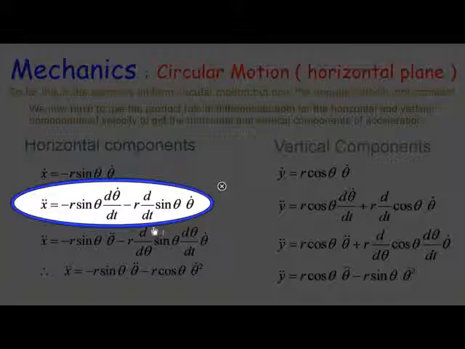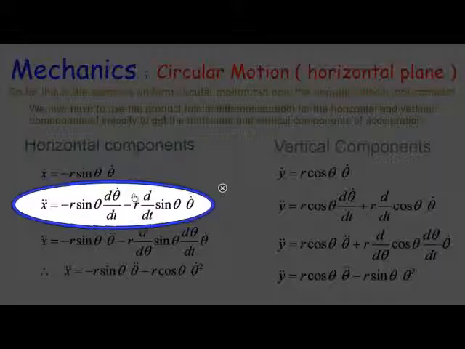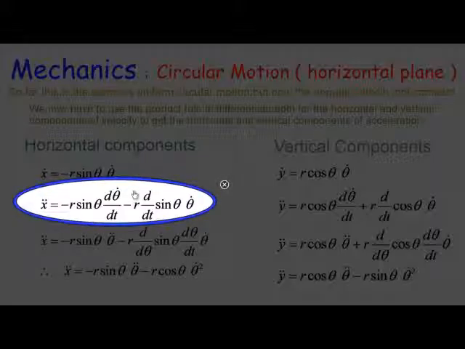to get the x double dot. So it's basically minus r sine theta by theta dot's derivative, which you'll see in a minute is theta double dot, and you can see here it's the minus r theta dot by sine theta's derivative. Or you can just say it's theta dot by the derivative of r sine theta, which is d/d theta.